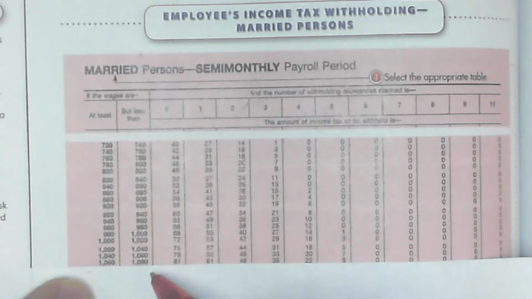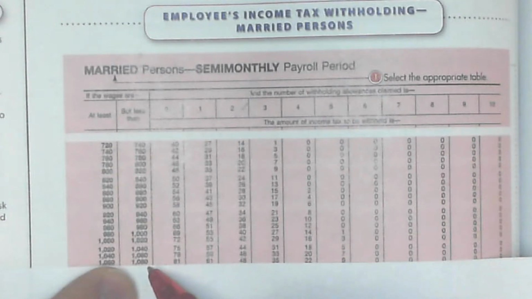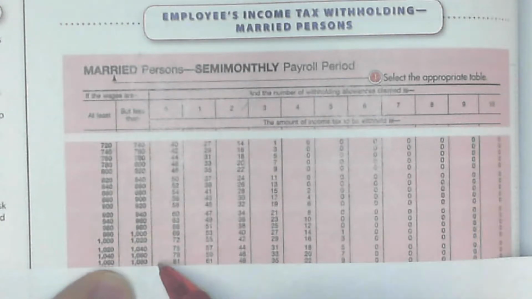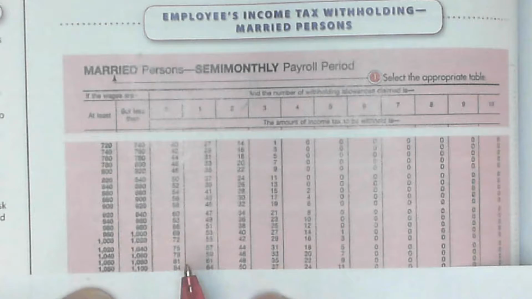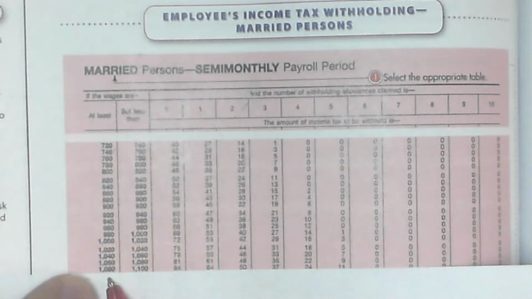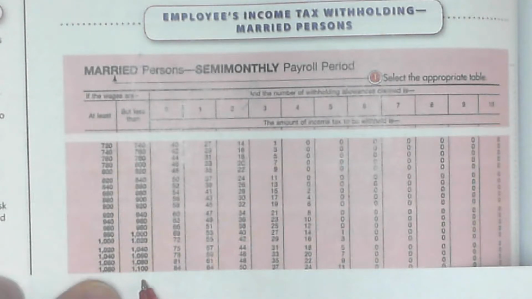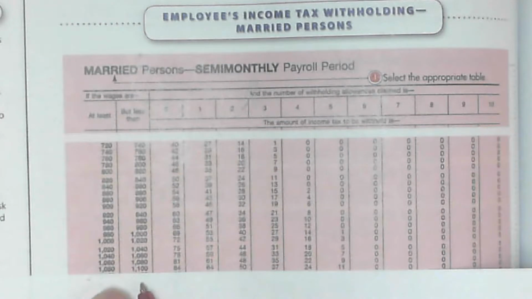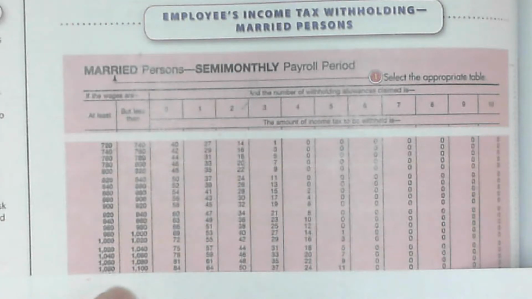So we went on the maximum side, we see 1,080. So we made more than that, so go down a line. Now it's at least 1,080, but less than 1,100. So that's the right pay range, 1,080 to 1,100.